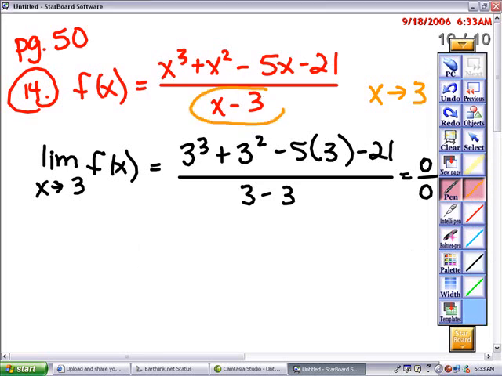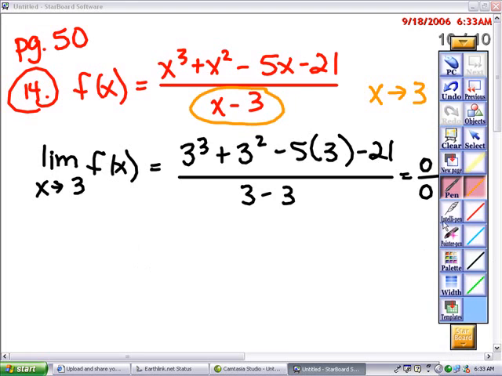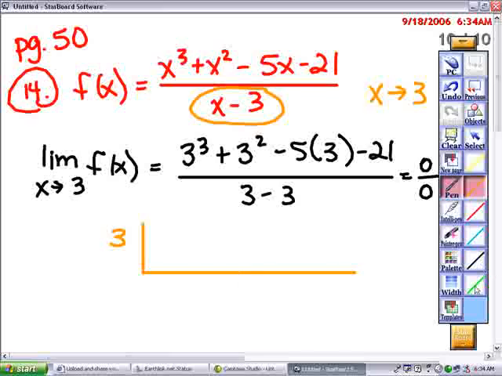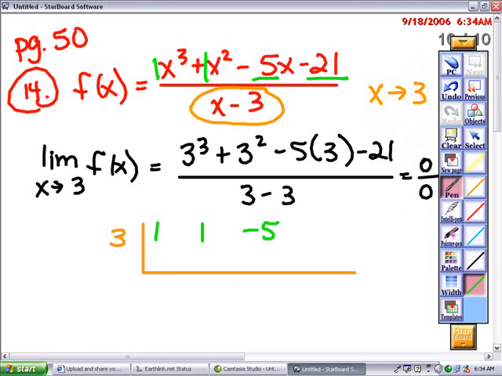So I'm going to look at my denominator here, and since I will be dividing by x minus 3, that equals 0 at positive 3. And then if I look at this equation in the numerator, I'm going to take all the coefficients of all of my terms. I have 1x cubed, I have 1x squared, negative 5x, and negative 21.